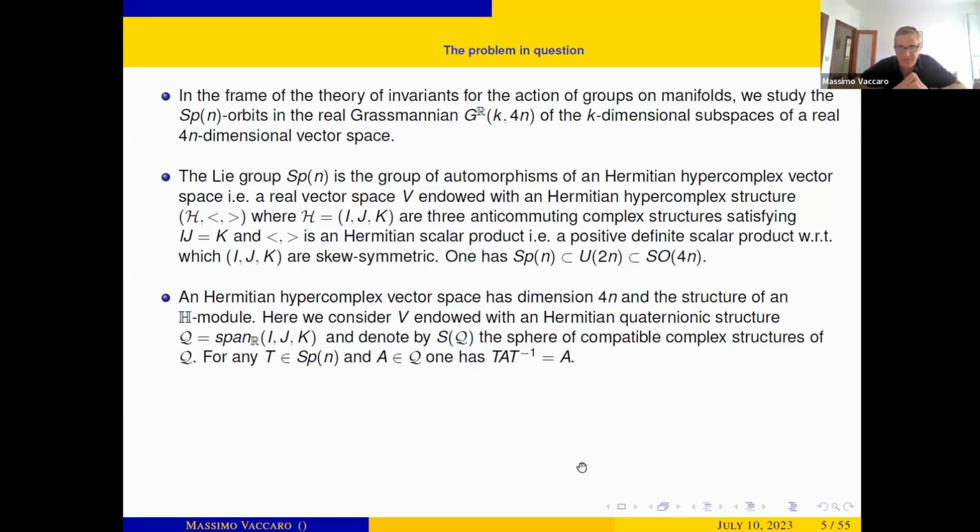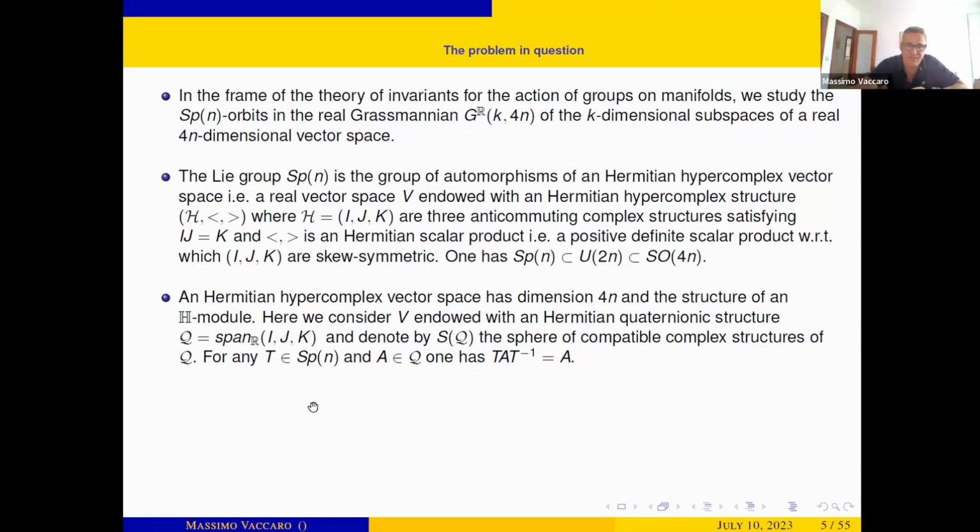Since V has dimension 4n, we can consider V endowed with a Hermitian quaternionic structure Q, which is the linear span of the hypercomplex structure, and denote by SQ the sphere of compatible complex structures of Q. That is, SQ consists of the linear combinations alpha i plus beta j plus gamma k such that alpha squared plus beta squared plus gamma squared equals 1.